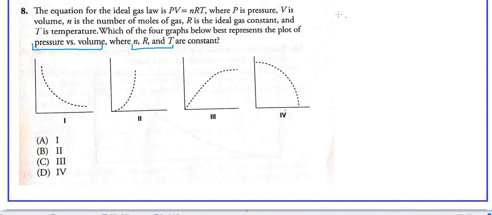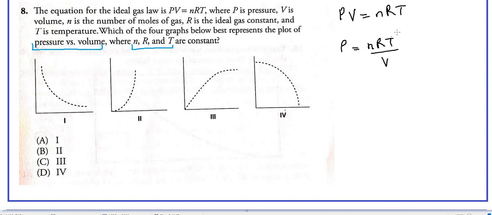So in our equation we have PV equals nRT. Let's solve for P to see the relation between P and V better. So here P will be equal to, if we divide both sides by V, nRT over V. Now we can see the relation between P and V. P and V are inversely proportional here because one is in the numerator, one is in the denominator.